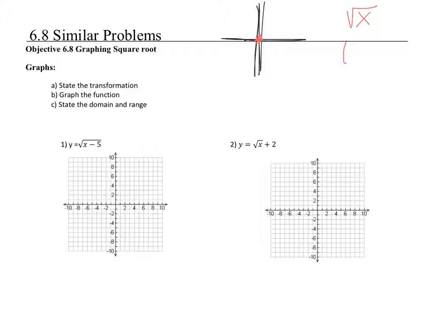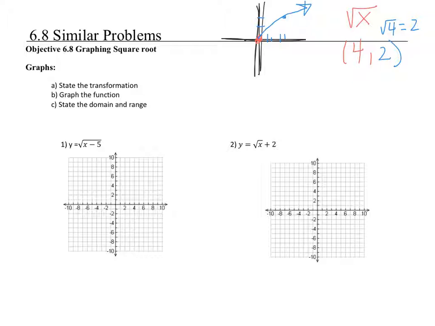If I put 4 in for x in my parent function, I get the square root of 4, which is equal to a positive 2. So I could plot this point, 1, 2, 3, 4, 1, 2, put a point right there. This is really bad because of my spacing, but that is what my parent function looks like.